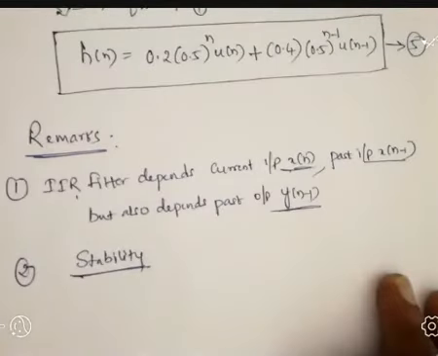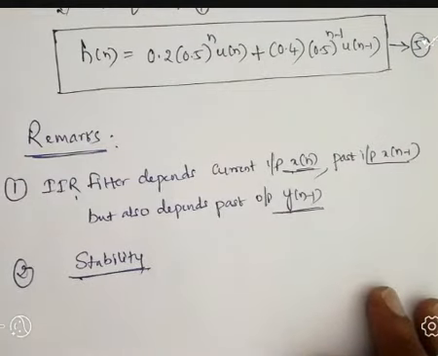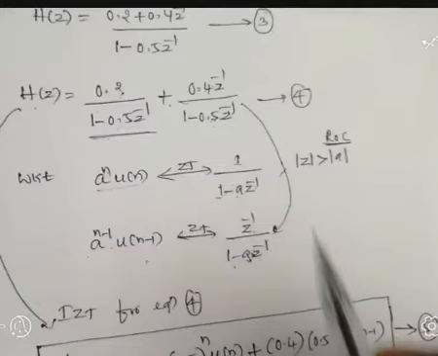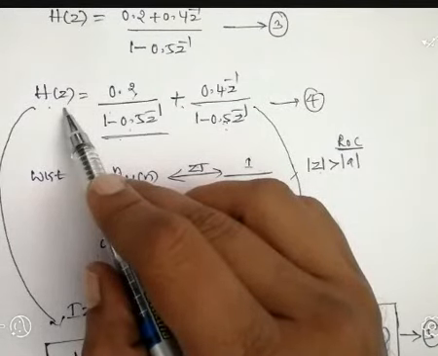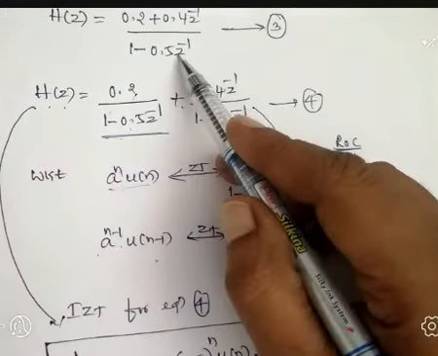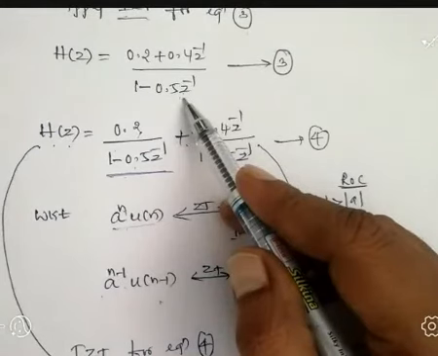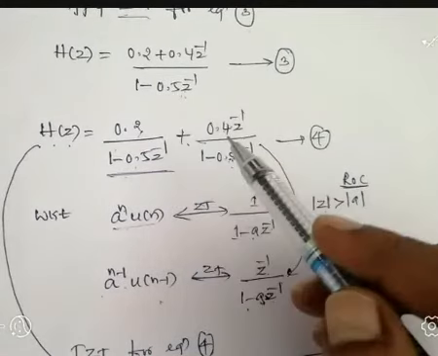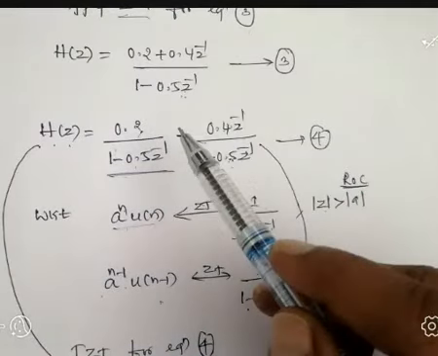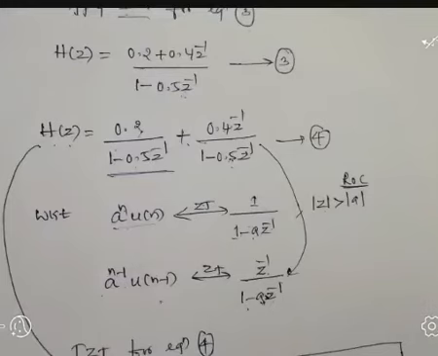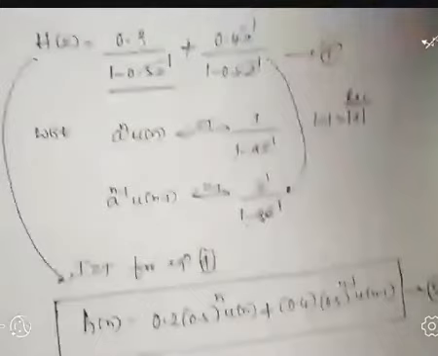Since the transfer function H of z has the denominator polynomial, the poles of the desired IIR filter, the poles meaning equating the denominator polynomial to 0, must be inside the unit circle on the z plane to ensure its stability.